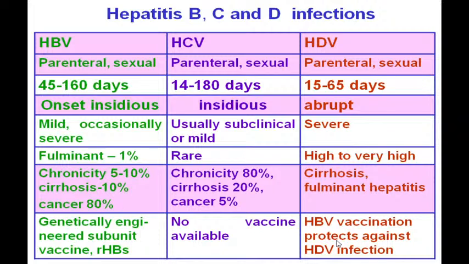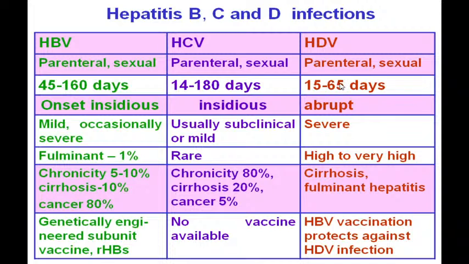Then a few words about their infections. We compare infections caused by hepatitis B, C, and D. The routes of transmission are the same. What is typical for them is the very long incubation period, up to 160, 180 days.